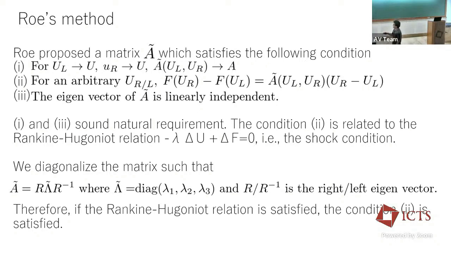So we diagonalize the matrix A tilde with right eigenvectors and the diagonal matrix lambda tilde. Lambda tilde is a diagonal matrix of the characteristic speeds lambda 1, 2, 3, and left eigenvectors. So this condition implies, not exactly, but it means that if this condition is satisfied, the Rankine-Hugoniot condition is satisfied as well.